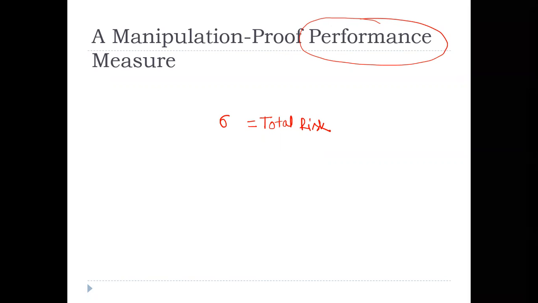So for each performance measure, there is an advantage and a disadvantage, from the investor's part and also from the fund managers' part, with relation to each of the performance measures they use.